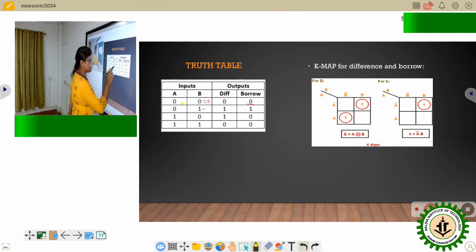Now I will give an example. Suppose we take 25 minus 9. When we subtract 9 from 5, 9 is greater than 5, so we can't subtract like this. So we take one borrow from 2 and increase this 5, making it 15.